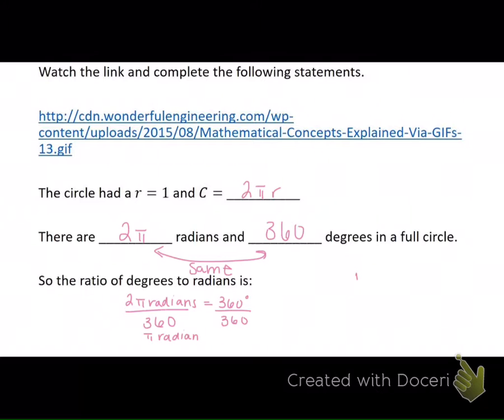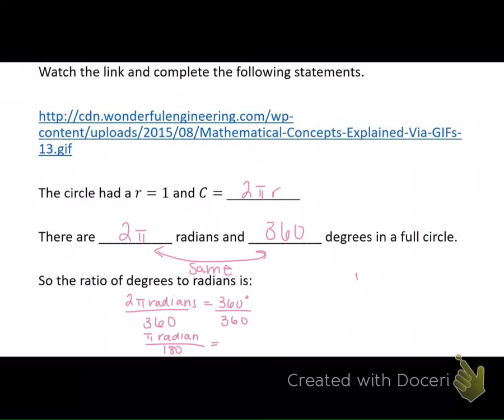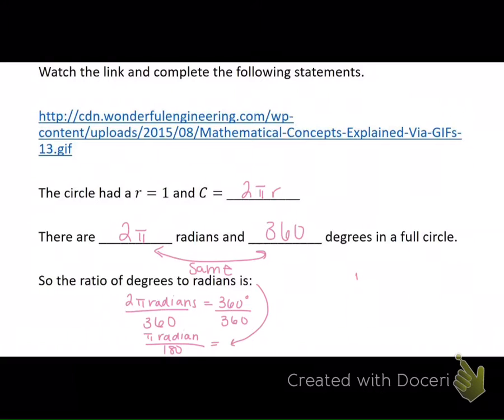What's half of 360? Over 180. And that will get you from degrees to radians. So I divide it by 360 degrees on both sides.